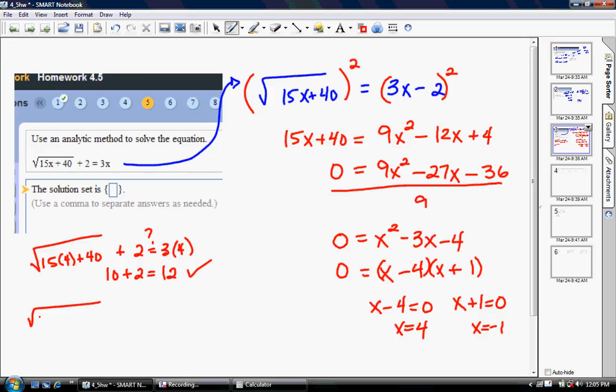If we plug in negative 1, we get what? Negative 15 plus 40 is the square root of 25, which is 5. Does 5 plus 2 equal negative 3? No, it does not. So the only solution is 4.